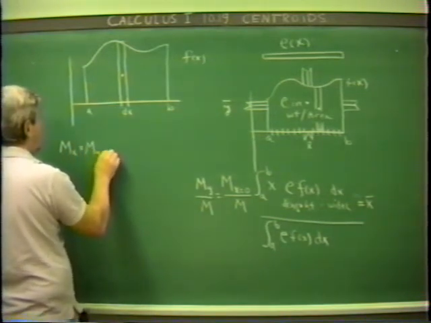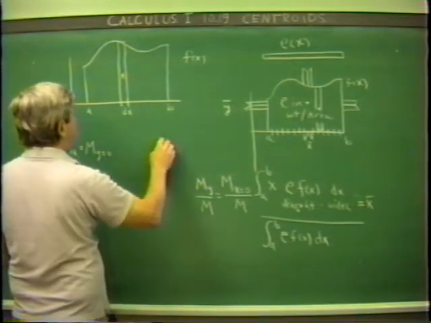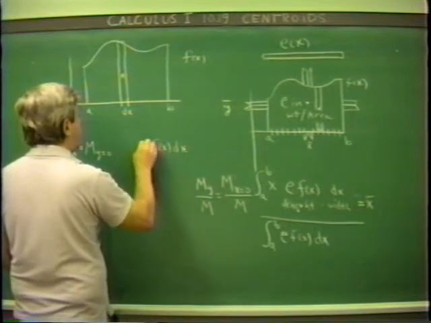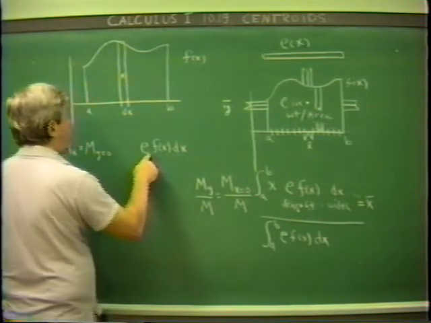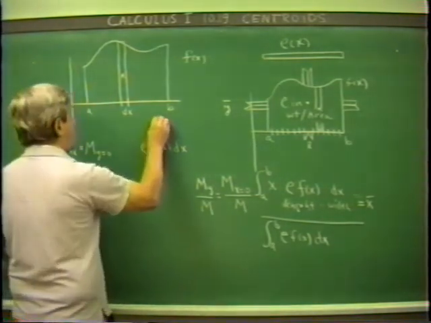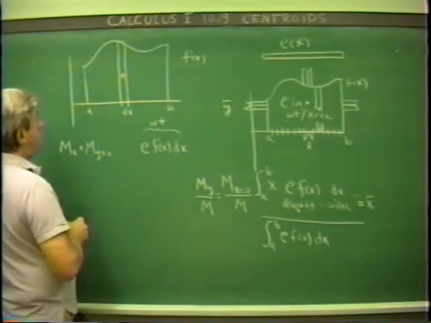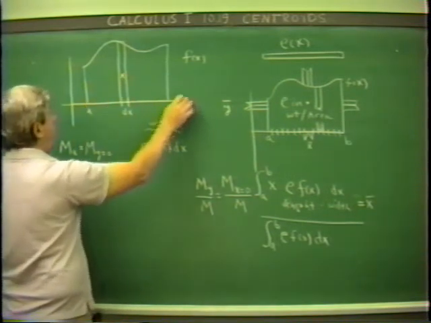So if we do that then, and we now compute the moment about the x-axis, which is the moment about y equals 0, what is the weight here? The weight is f of x dx times rho. This is the area, and rho is the weight per unit area, so this is the weight.